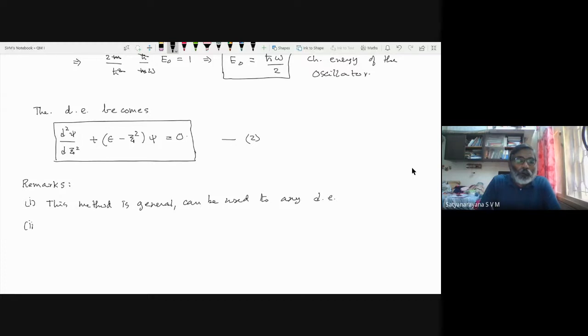The second comment that I wanted to make is that E naught is equal to h cross omega by 2, and it is the ground state energy of the oscillator.